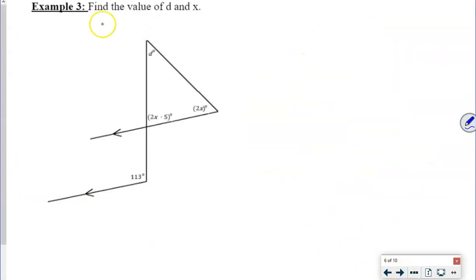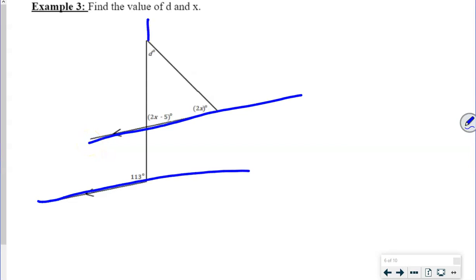All right, this next one says find the value of D and X, okay? So here again, notice we got a pair of parallel lines right there and right there, and we have a transversal right there, okay? So you should be able to see that we have some corresponding angles, right? So we have this one and that one. So aren't both of these 113 degrees? So now, what would you say if we were to try to find this angle right here?